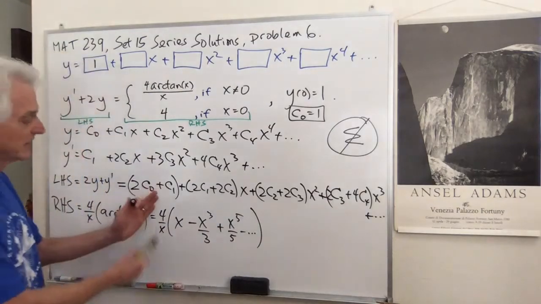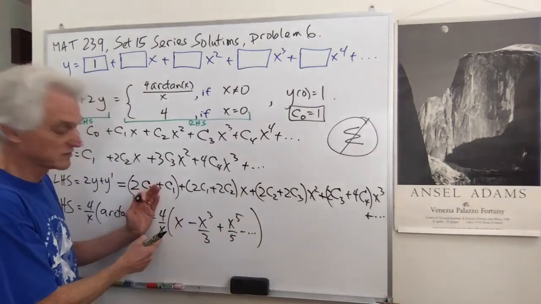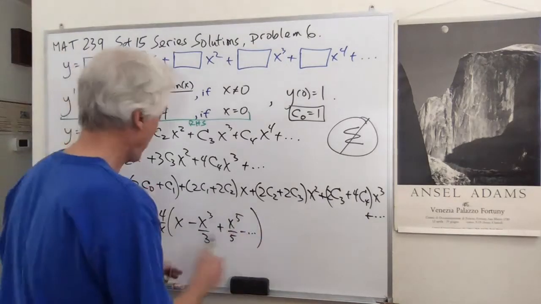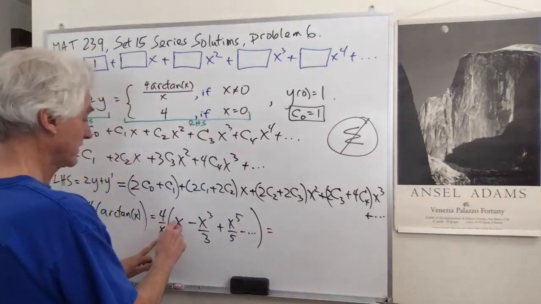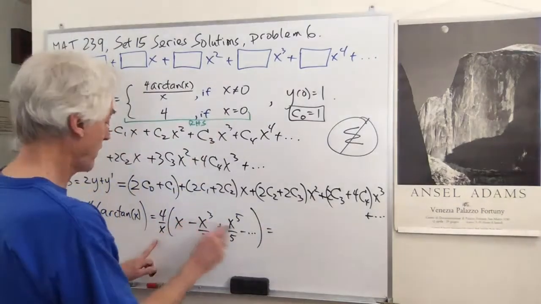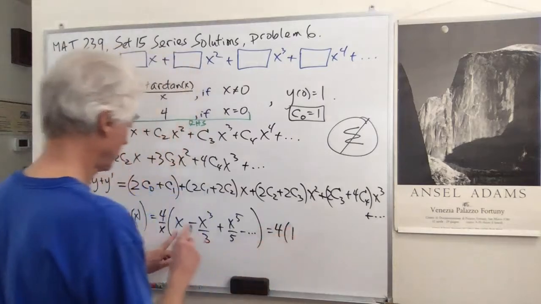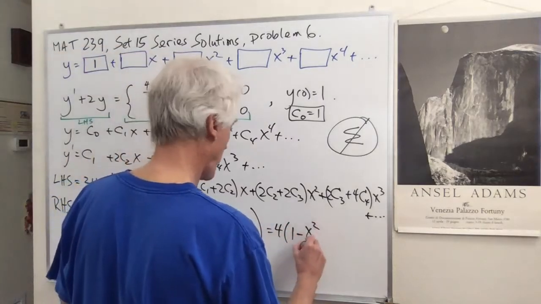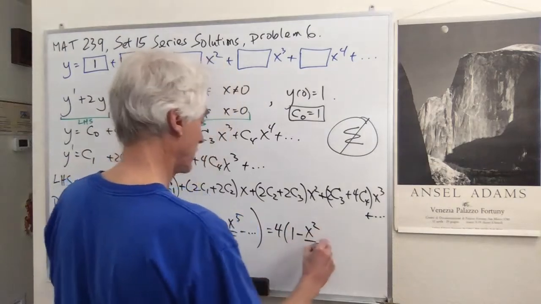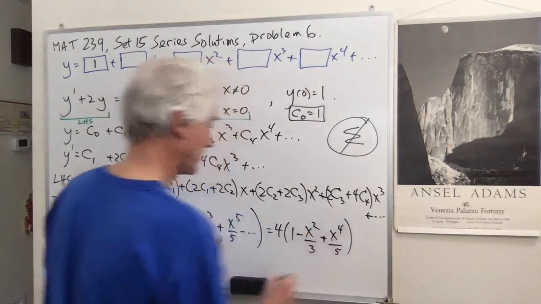Again, this expression is not going to work when x is 0 because you're dividing by 0. But if I manipulate this, I can take each one of these terms and divide by x, so I get 4 times 1 minus x squared over 3 plus x to the 4th over 5.